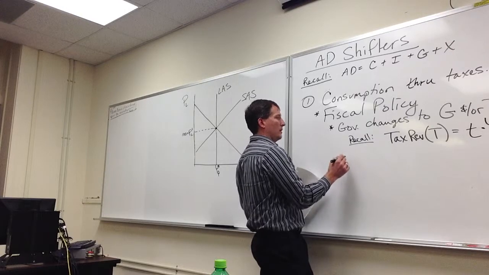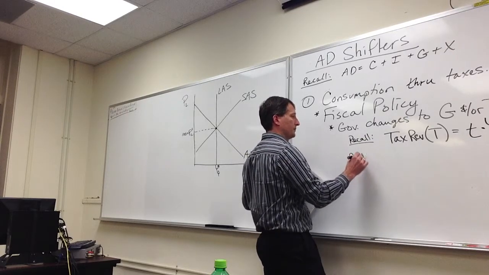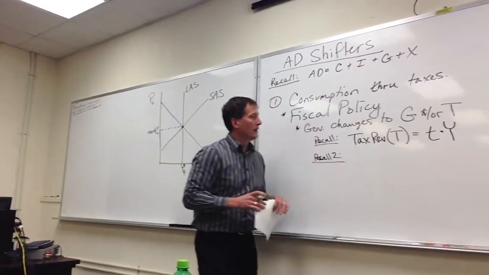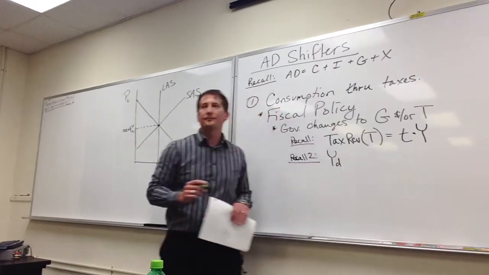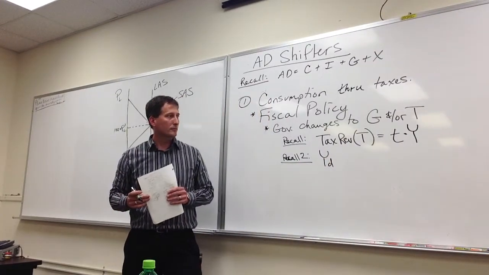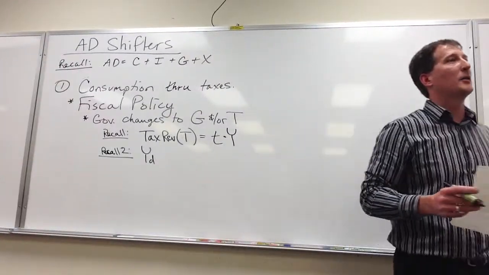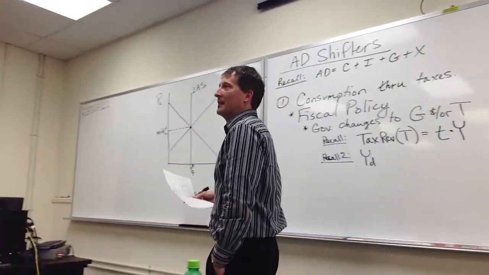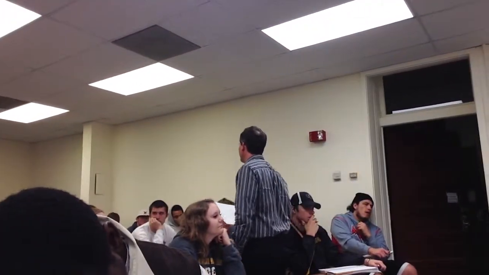So recall number 2 was disposable income. What was disposable income? How would you word that? Let me see who's alive in the back half of the room here. Disposable income.